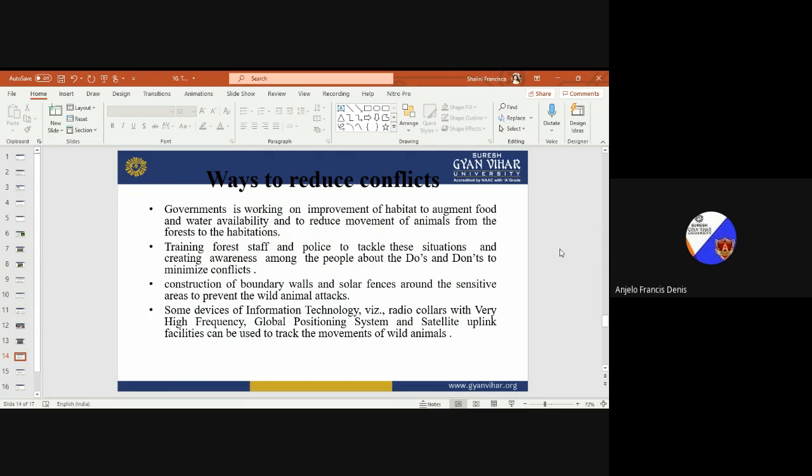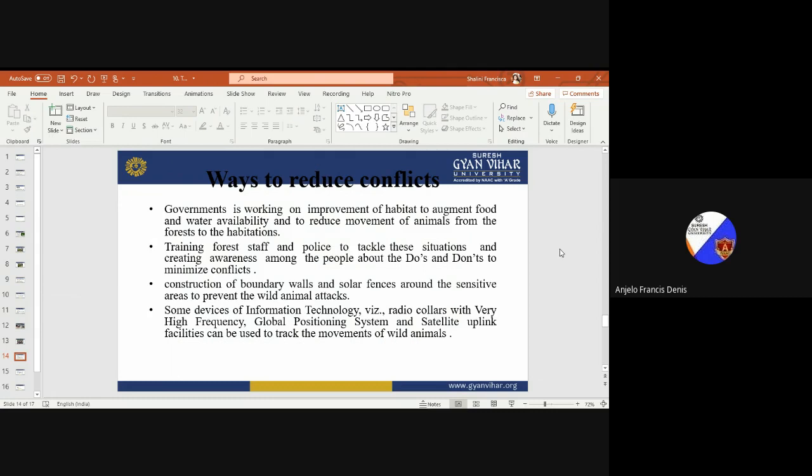Governments are working on improvement of habitat to augment food and water availability and to reduce conflict, training forest staff and police to tackle these situations, and creating awareness among the people about the do's and don'ts to minimize conflicts.